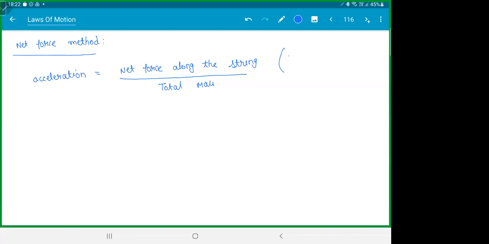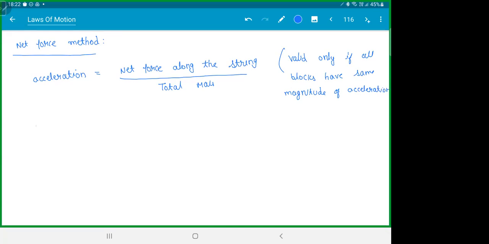The only condition is this is valid only if all the blocks have same magnitude of acceleration. Now, what is this method?